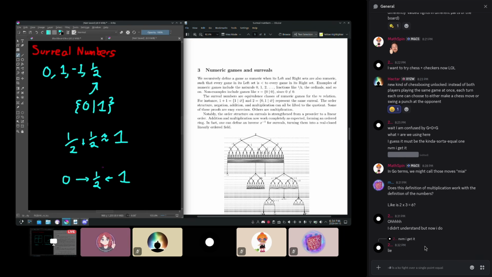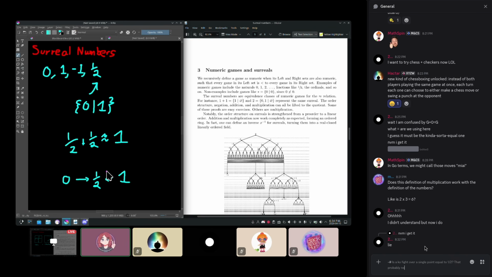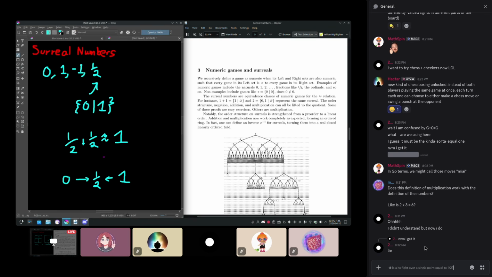Maybe there's some sort of construction that if you have 2 sets of games that define some kind of interval, then the game is equal to something within that interval. Numeric games essentially formalize that observation.